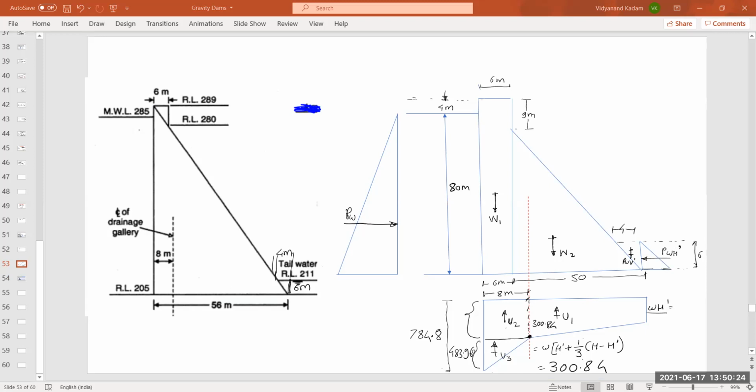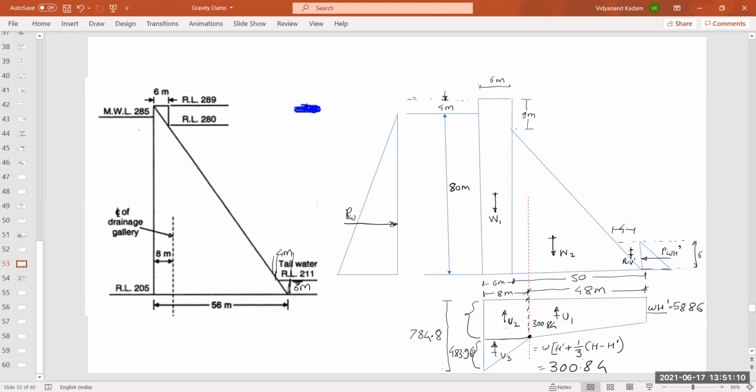It is 58.86, correct. And we know that the base width is 50 meter. Is it clear? It is not 50 meter. It is 56 minus 8. So how much it is? 48 meter.